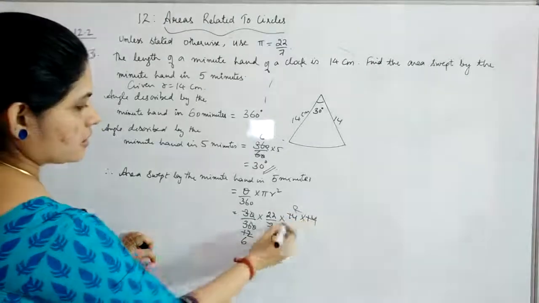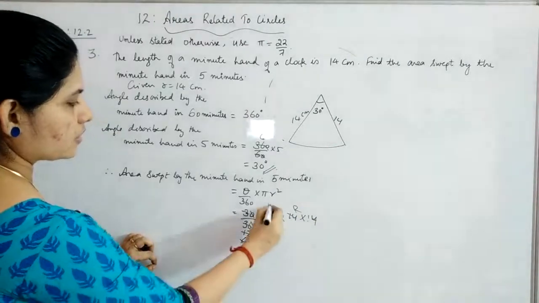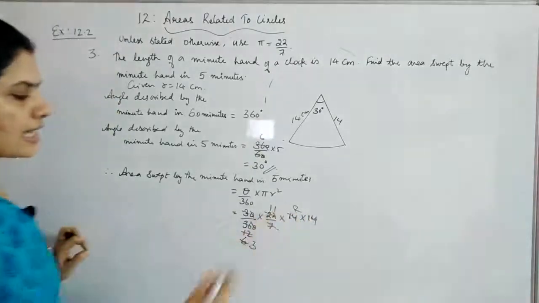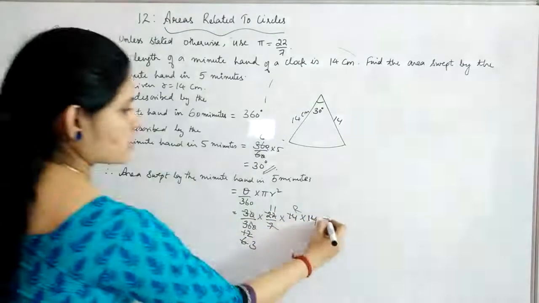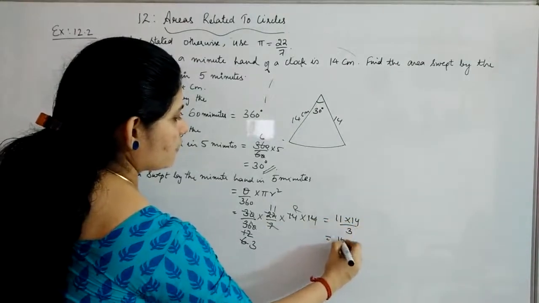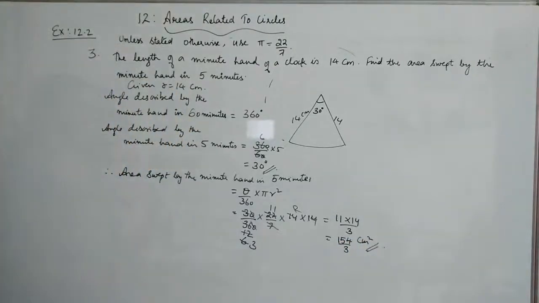Then again 2 together with this will give you here 3 and 11. So here now you have in the numerator 14 and 11, which is equal to 11 into 14 by 3, which is 154 by 3 centimeter squared. So this is the area swept by the minute hand in 5 minutes.